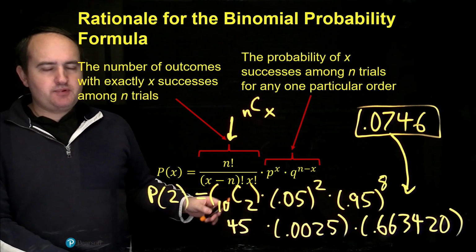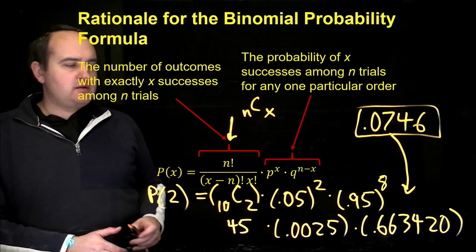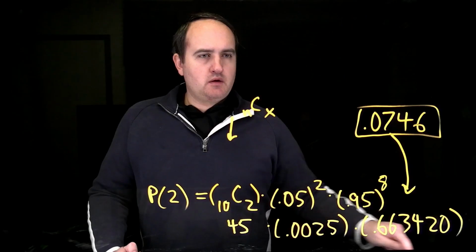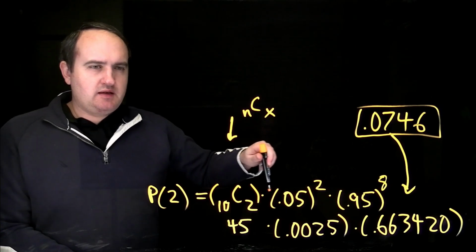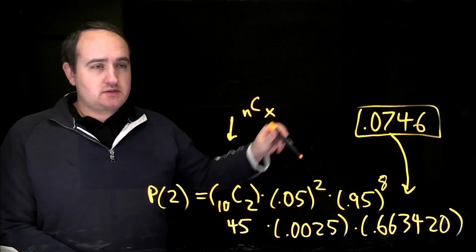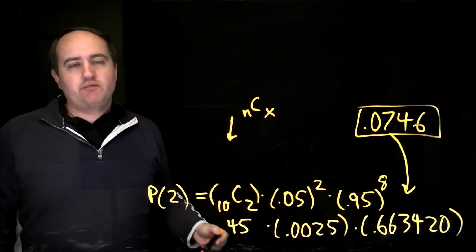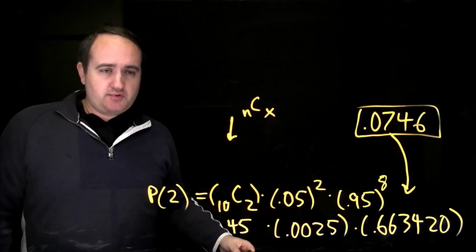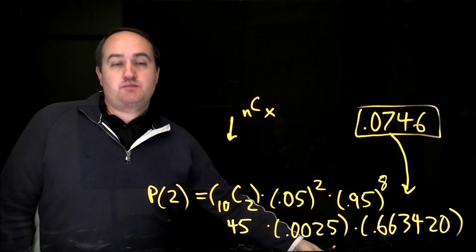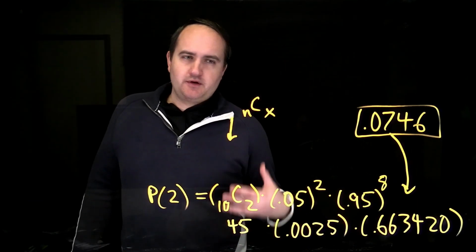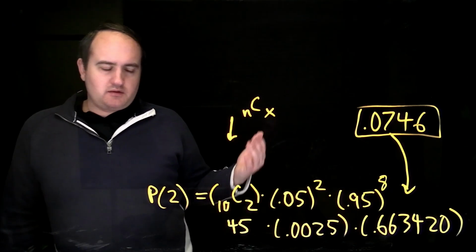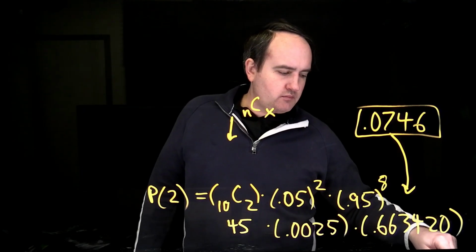Okay, and then if you type all that in properly on your calculator, you may be able to just type in all of this all at once and then get to the 0.0746 all in one step without having to write 45 times 0.0025 times this. But that's really up to you, and you're practicing on your individual calculator.